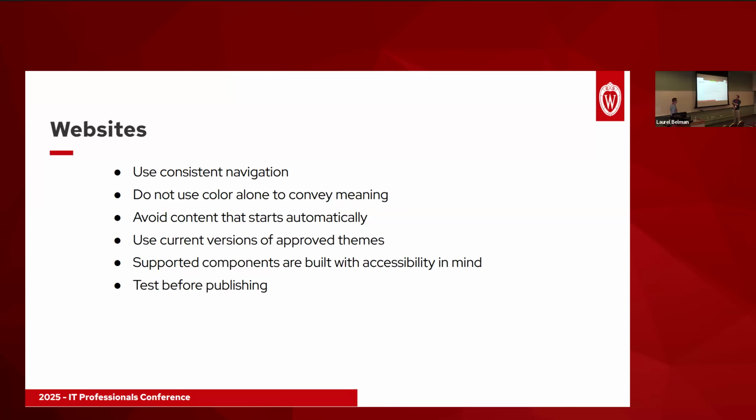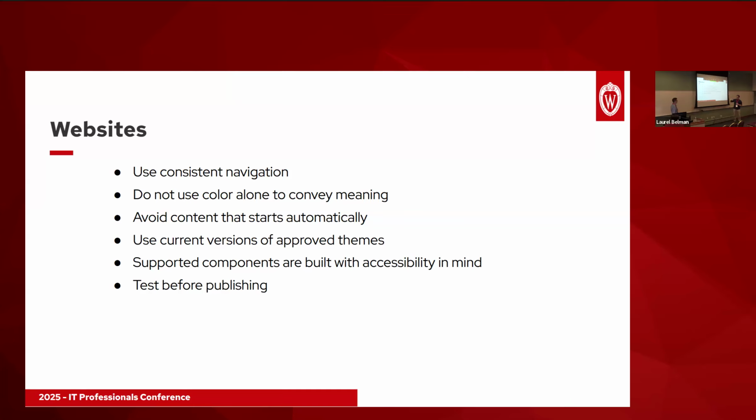Again, going back to using approved themes. So I am pretty new to the university, but I know we have some WordPress themes that are already out there, and if you're on WordPress, I suppose you can get to them. But a lot of the accessibility has already been accounted for in a lot of that.